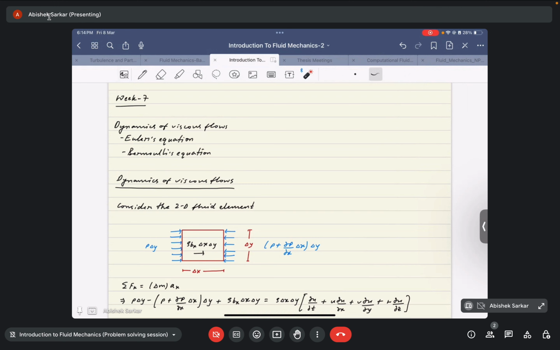For this week we will be primarily concerned with two very important subtopics. First of all, Euler's equation, and then Bernoulli's equation, where Bernoulli's equation is a specialized case of Euler's equation.